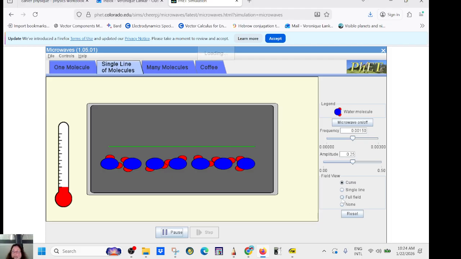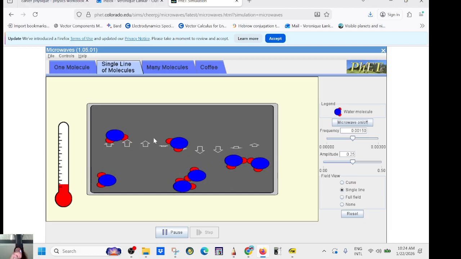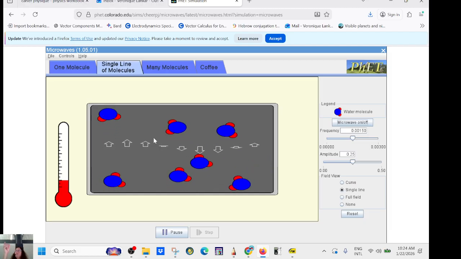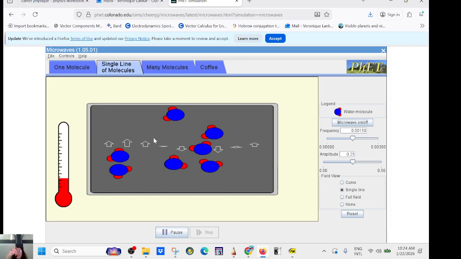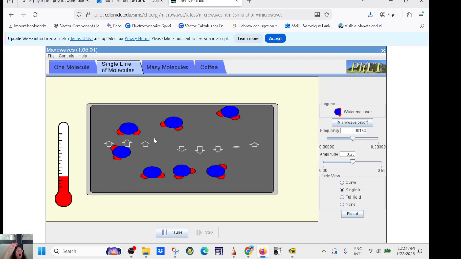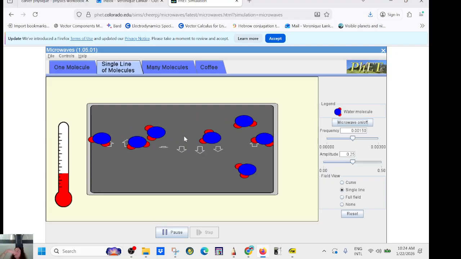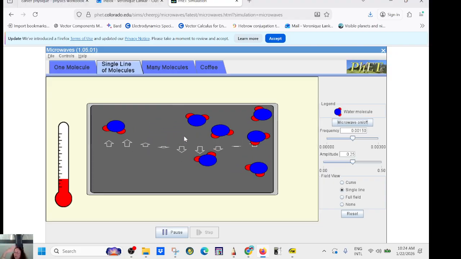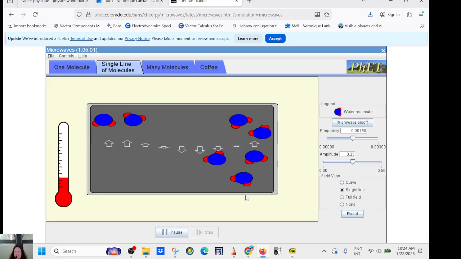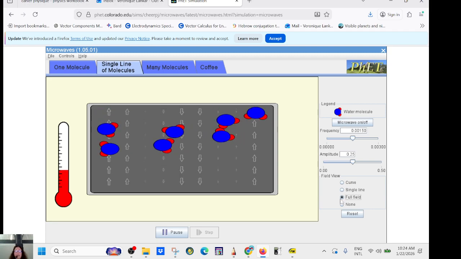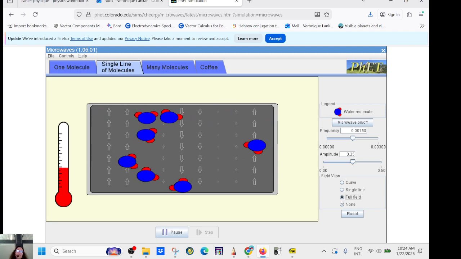Okay, so let's see. Single, and how do we turn on the microwave? So you see the electric field of the microwave is oscillating. It's like a sine wave, up and down, and the water molecule tries to follow, right? So it's constantly rotating, and that's how it works.